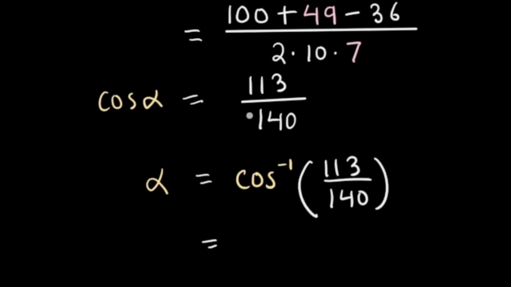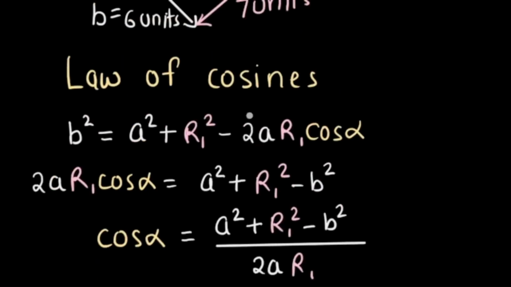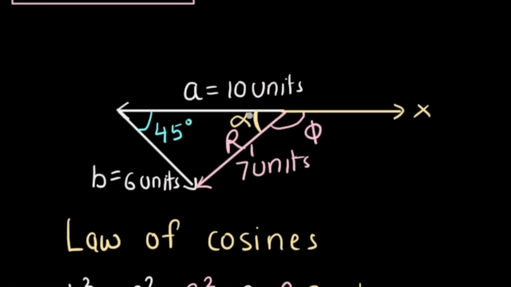Now, before you plug in these numbers into your calculator, make sure that your calculator is in the correct mode. Here we want our answer for the angle in degrees. So make sure that your calculator is set in degrees. This is equal to approximately 36 degrees. This is the value of alpha.